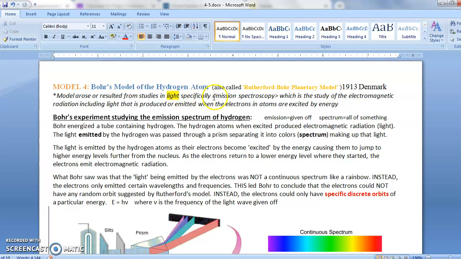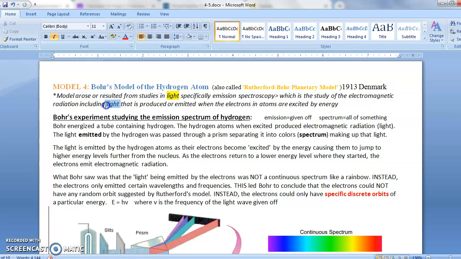And they began to study that glowing light that came off the atoms that were energized. And it doesn't have to be just visible light, because the energy being given off is called electromagnetic radiation. Now, radiation here is not implying nuclear radiation. The energy had nothing to do with nuclei falling apart in radioactivity. Radiate here just means given off. Electromagnetic radiation is just forms of energy that travel in waves.